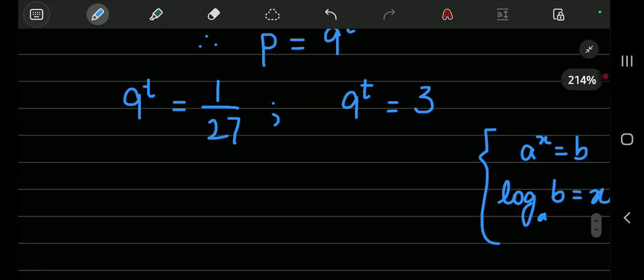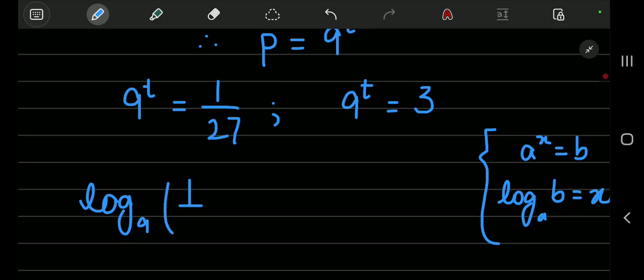So we have here 9 to the power t equals 1 over 27. That means the base that was there with the power will stay the base. So log with base 9 of 1 over 27 will be equal to t. So this is for the first part.